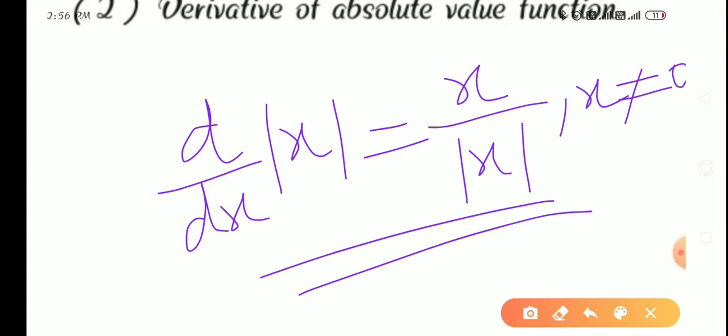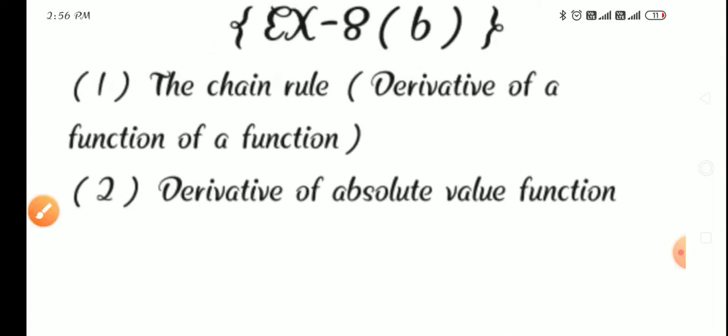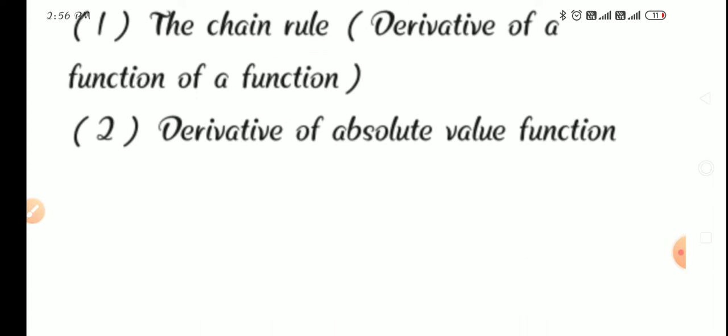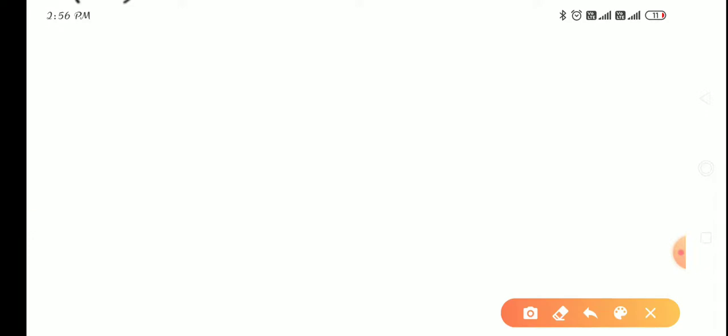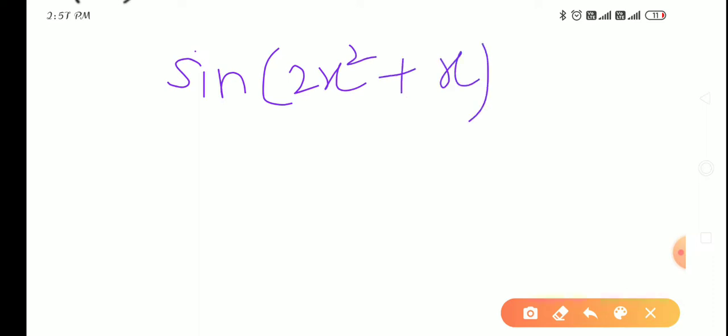Now first point, I am going to explain the chain rule or derivative of a function. First of all, what is this derivative of a function? I will explain. You see, suppose you are having sine of 2x square plus x. So you can see here two functions are there.